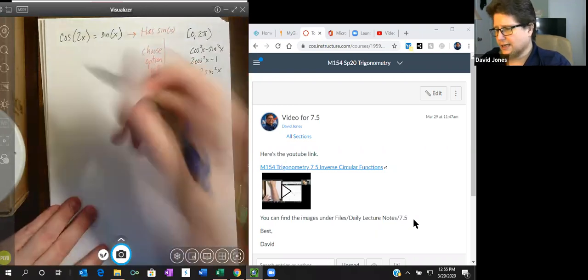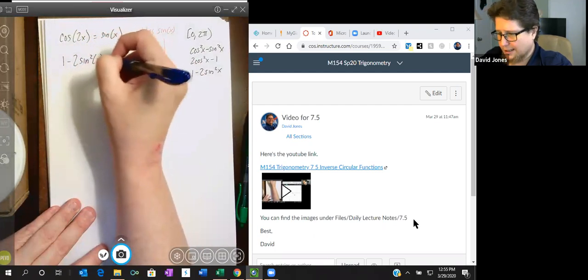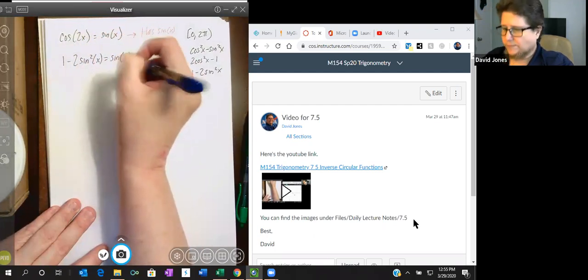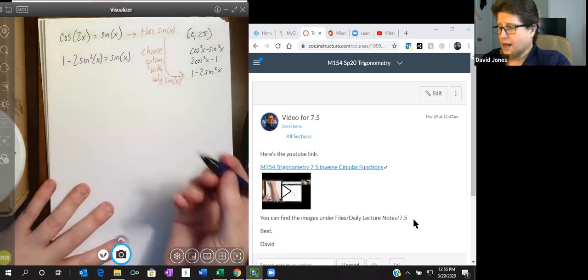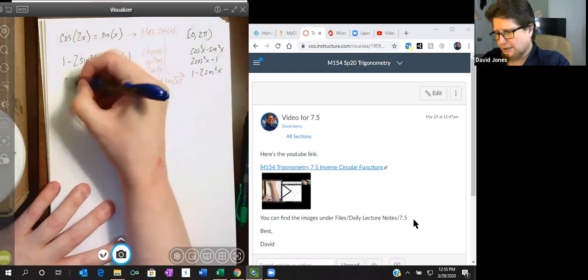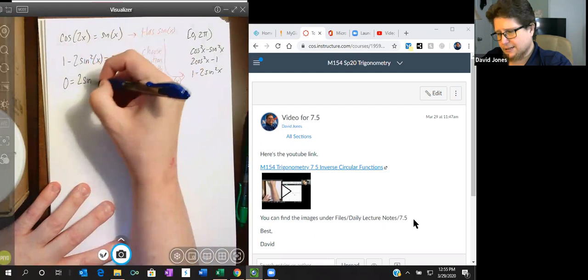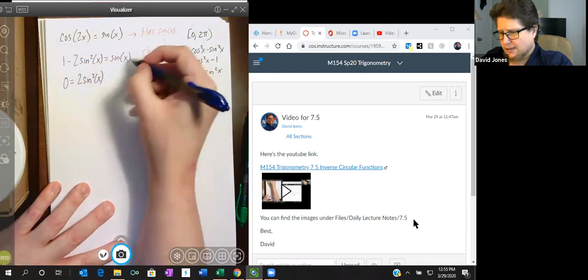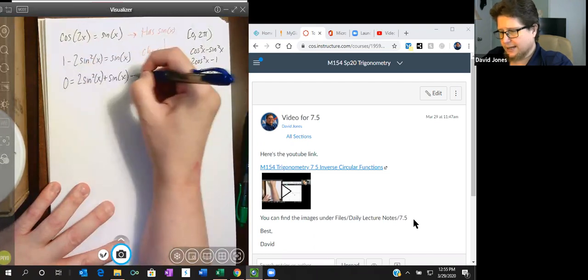So if I do that, I get 1 minus 2 sine squared x equals sine x. I'm going to move everything over. This becomes positive 2 sine squared x. Sine x stays positive, and 1 becomes negative.